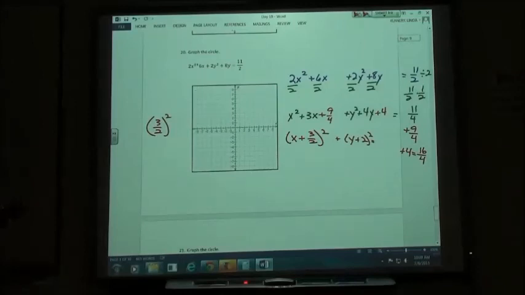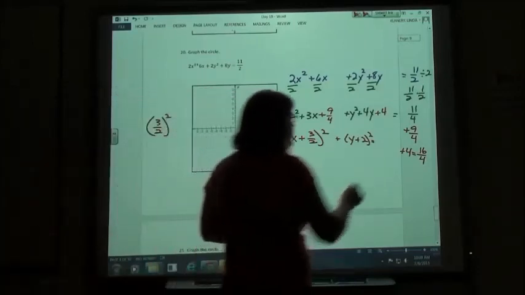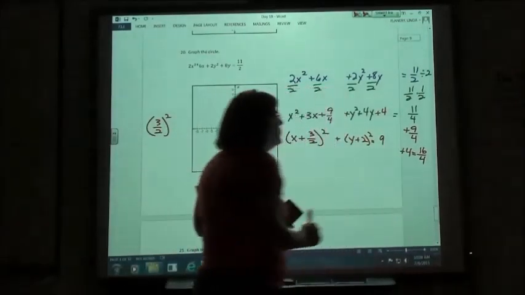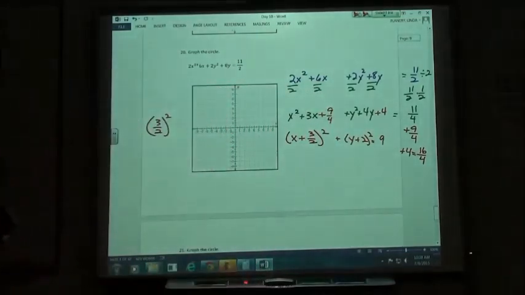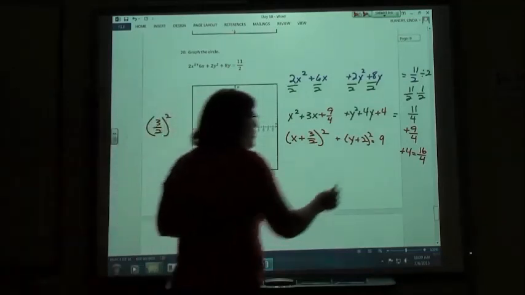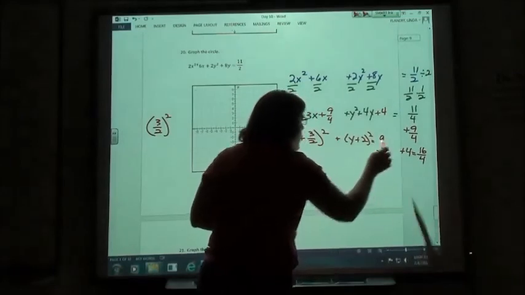Would have been faster just to do it myself. I get 9. 36/4 is 9. So 9 would be 3 squared.